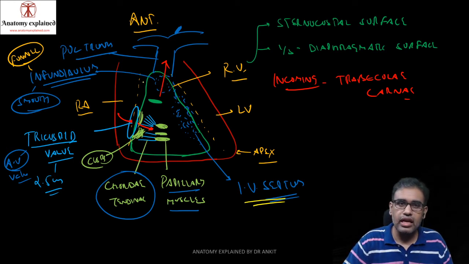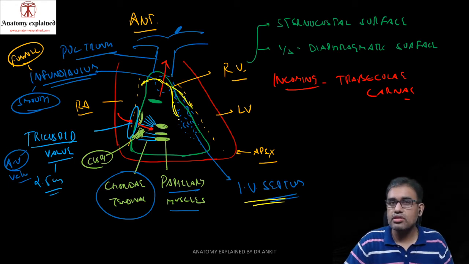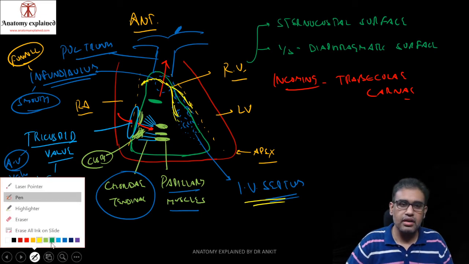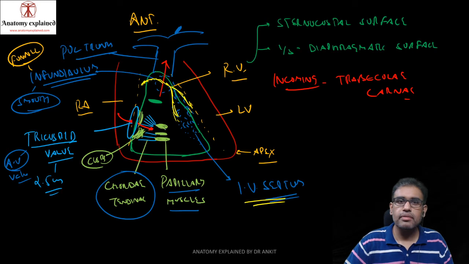From that you have the atrioventricular bundle, which runs and divides at the junction of the membranous and muscular parts of the IV septum into a right bundle and a left bundle branch. These are your two bundle branches. From the right bundle branch, a few muscle fibres go towards the anterior papillary muscle.